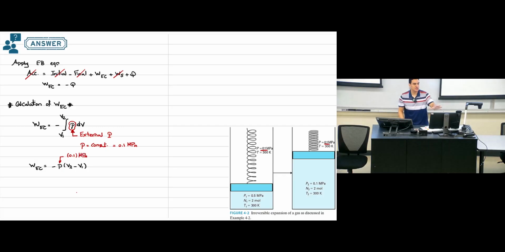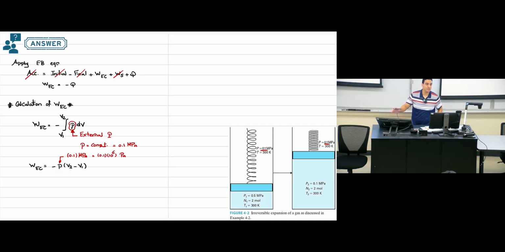Megapascal is not the SI system. Pascal is the unit in the SI system. So this one will be 0.1 times 10 to the power 6 Pascal. Then I don't know the initial volume. I don't know the final volume.